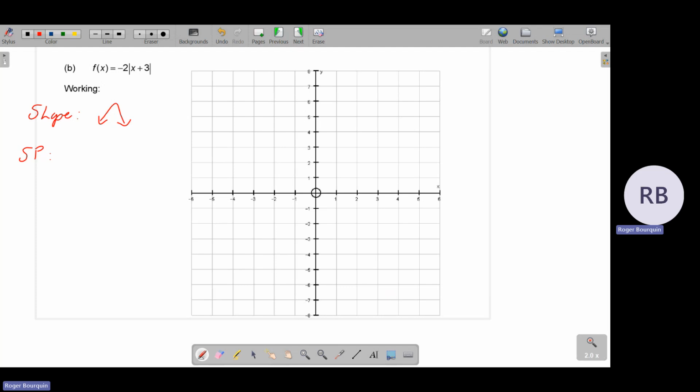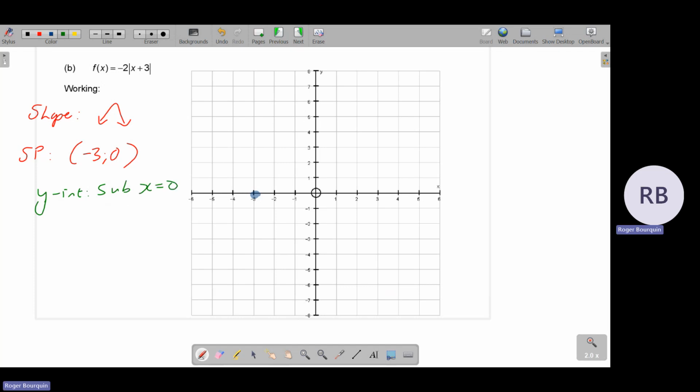Renee, what's the salient point, do you think? -3, 0. Well done. So the salient point is at -3, 0. Now, let x equal 0.